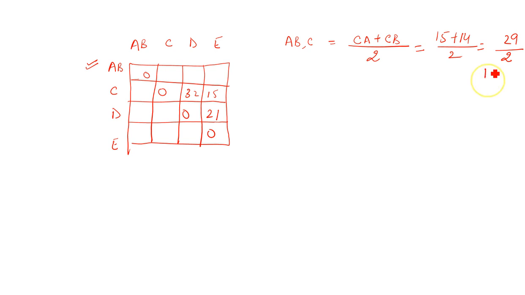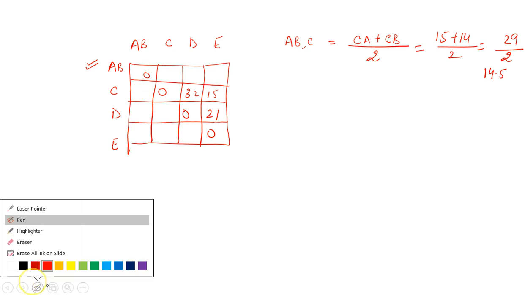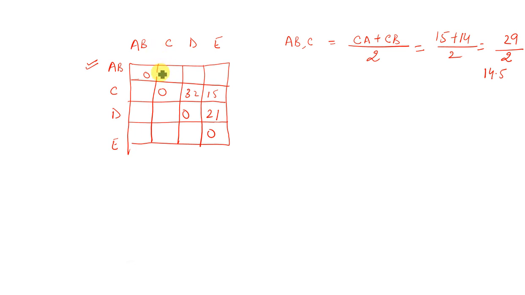It is 14.5. So I hope it is clear how I got this value 14.5: CA plus CB divided by 2. CA is 15, CB is 14, divided by 2, it's 29 by 2, it's 14.5.